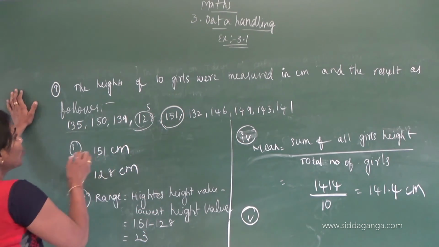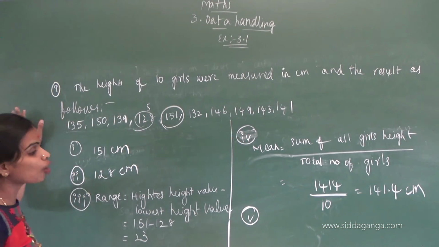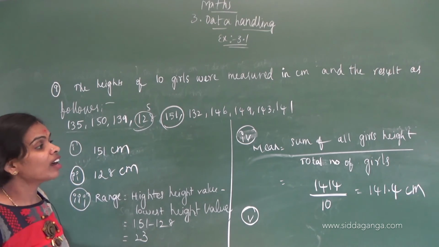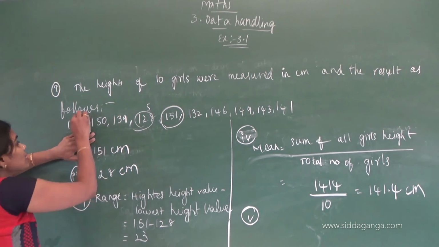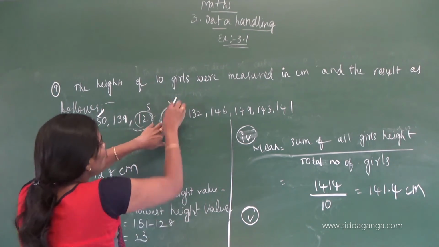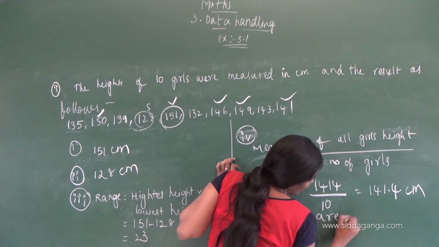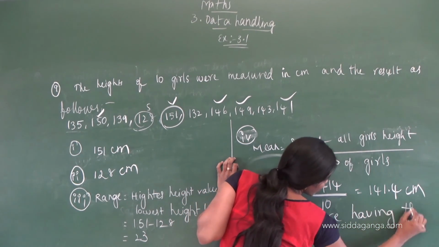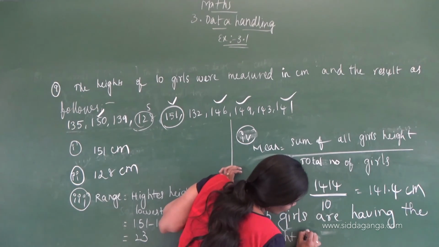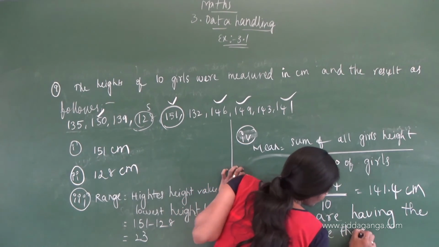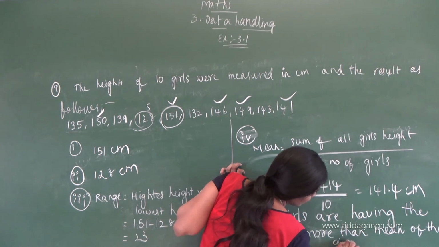The mean height is 141.4 centimeters. How many children have a height more than 141.4 centimeters? 1, 2, 3, 4, 5. 5 girls are having height more than the mean of the given data.